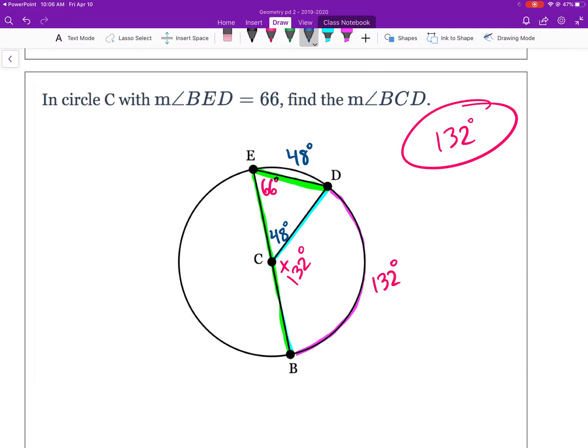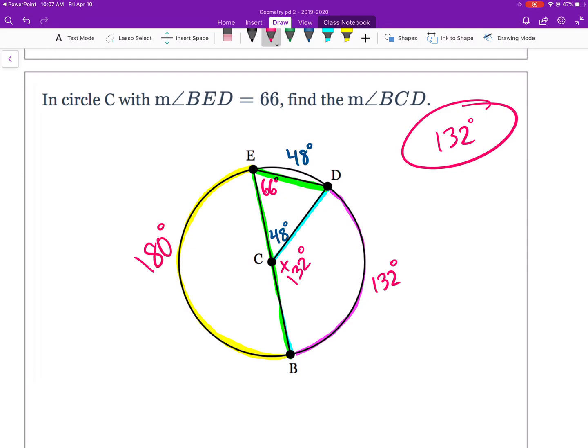And that makes sense because this is a diameter, guys. This line EB, or BE, that's a diameter. So 48 and 132 all together should give us 180 degrees, and it does, because that's half of the circle. And over here, on the other half of the circle, that whole arc I just marked in yellow has to be 180 degrees, because that has to be a diameter, EB.